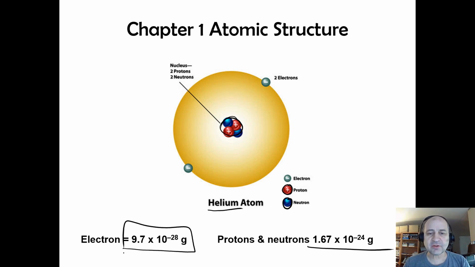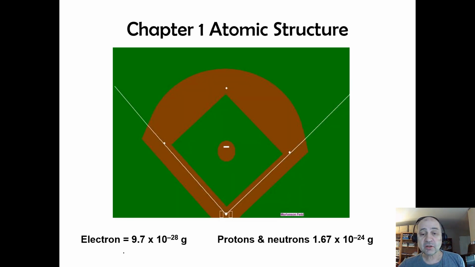And I like to, this is already a zoom, right? We've zoomed in on this atom. I like to zoom it up even more to the size of a baseball field here. So if we increased the radius or the size to the infield here, which is 90 feet by 90 feet, that's a rather large atom.